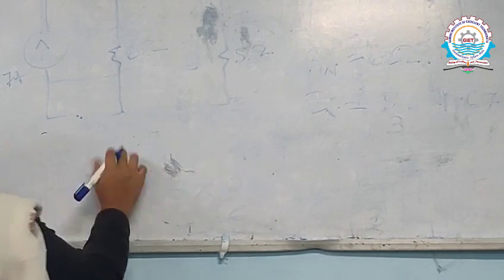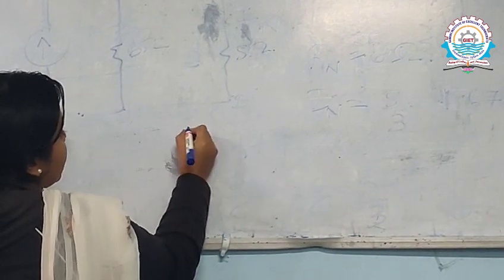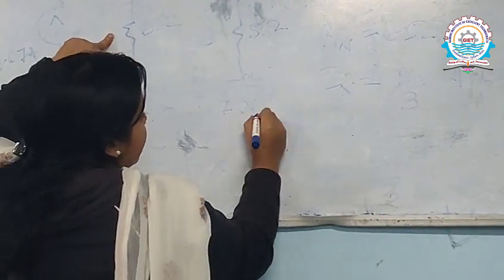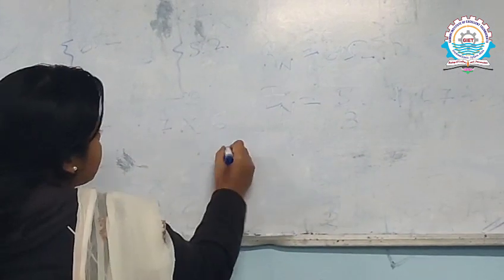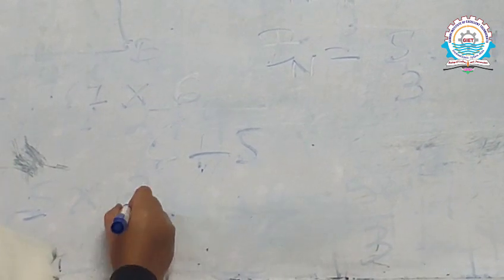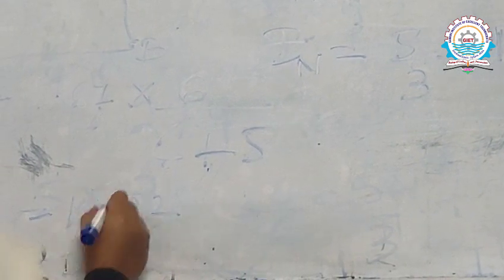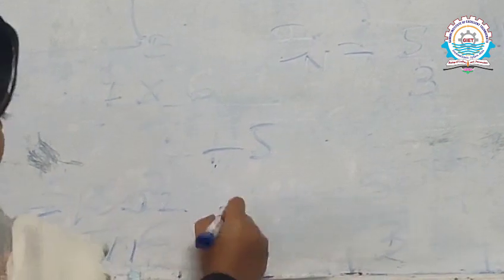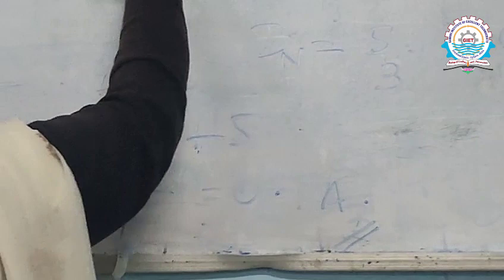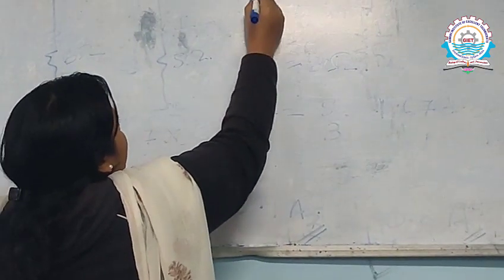So the main current I is equal to the Norton's current 1.67 into the opposite resistance 6 divided by 6 plus 5, that means IN into Rn by Rn plus RL. So we get 10.02 divided by 11. So we will have 0.91 ampere. That means my main current I is equal to 0.91 ampere.